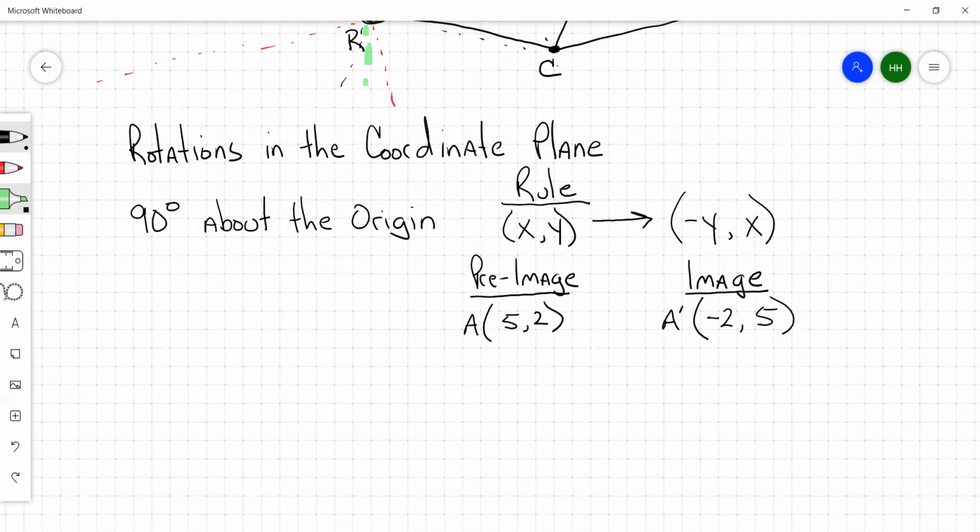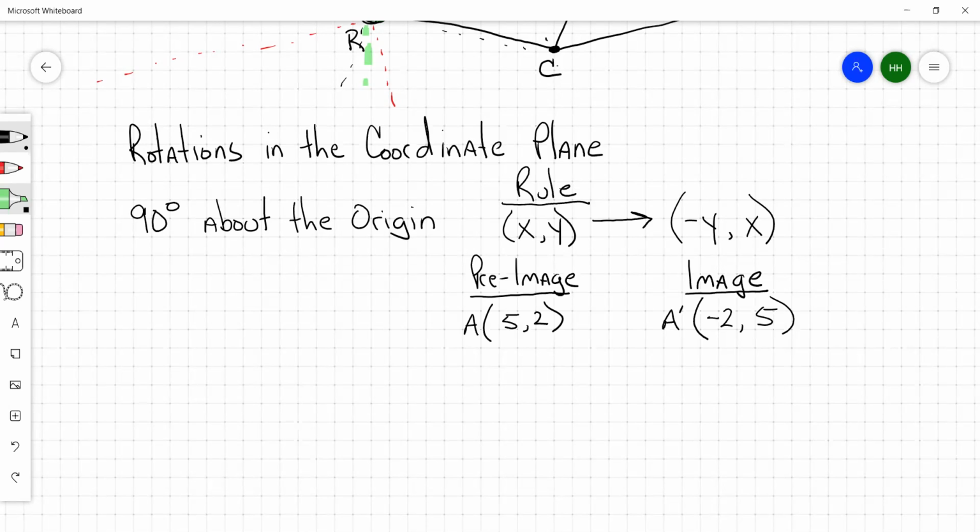Very good. All right, so if you're rotating a triangle or a quadrilateral 90 degrees about the origin, you would just apply that rule to each point in the shape. That's 90 degrees about the origin.